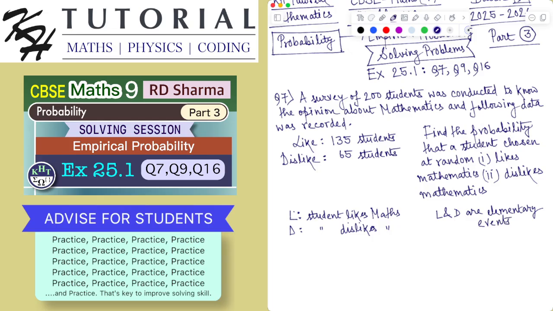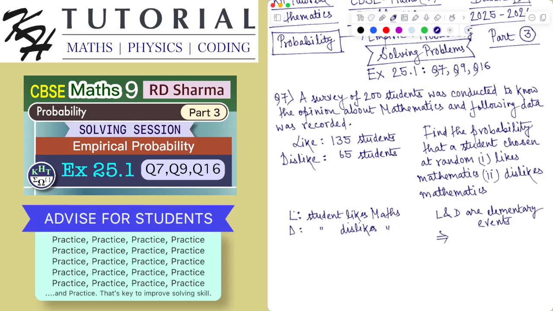What is a trial? You randomly select a student and you see whether the student likes mathematics or dislikes mathematics. So either the student will like mathematics, which is event L, or the student will dislike mathematics, which is event D. So L and D are clearly elementary events, meaning these are all the possible outcomes of a trial.